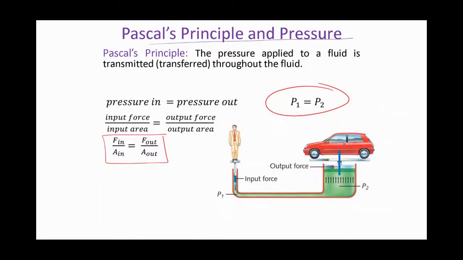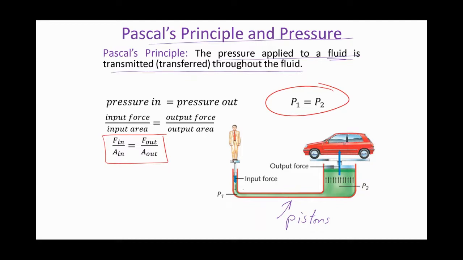Pascal studied pressure in fluids, especially in pistons. A piston is a tube that is full of a certain liquid, usually a kind of oil. We call it a piston. He found what? He found that the pressure inside the liquid, or inside the fluid in general, is transmitted throughout the fluid.